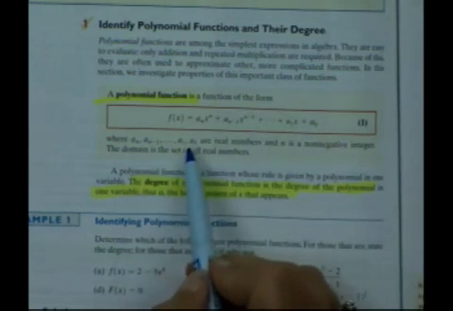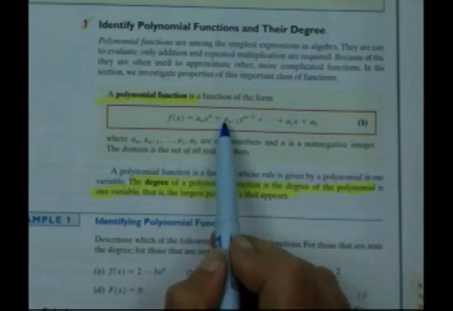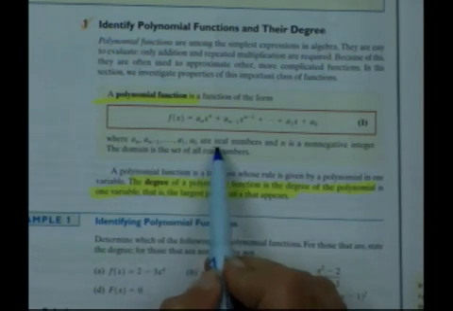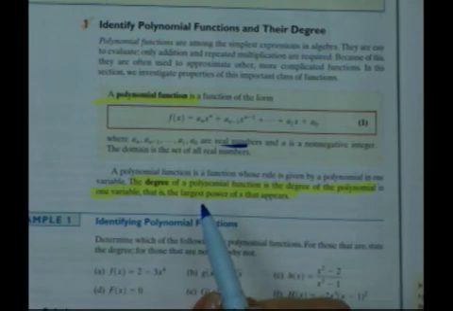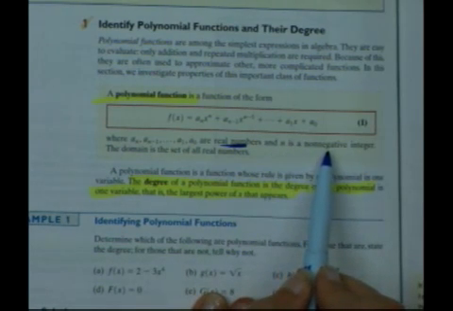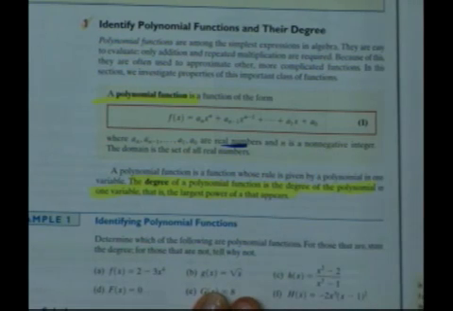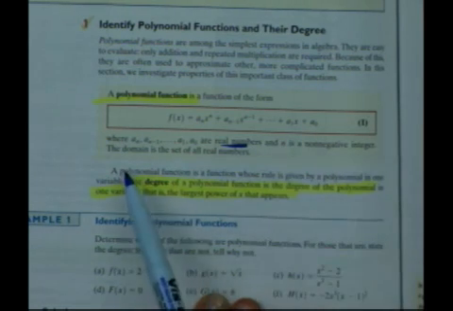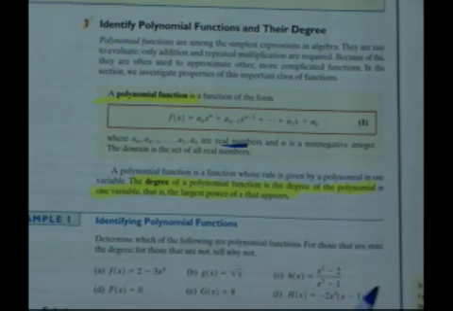All right, now notice that the coefficients, the little a sub n's, those are real numbers. n is non-negative. Well, non-negative means 0, 1, 2, 3. Non-negative integers. And of course your domain is all real numbers.